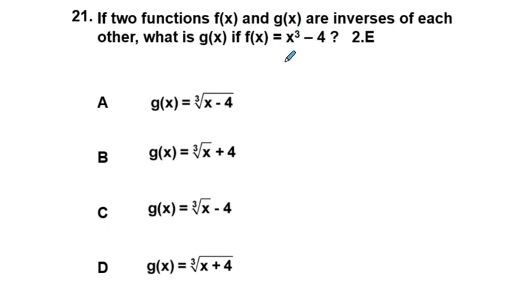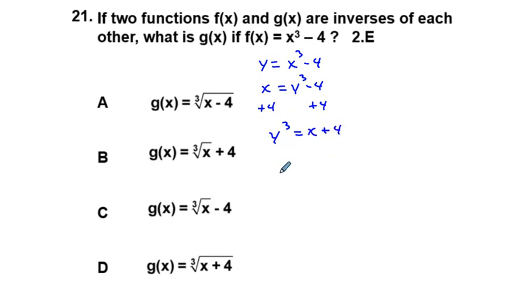Step number 1 is taking the function and rewriting it as y equals x cubed minus 4. Step number 2 is switching x and y. So we're going to rewrite this as x equals y cubed minus 4. And the next step is solve for y. So if we add 4 to solve for y, we're going to get y cubed is equal to x plus 4.